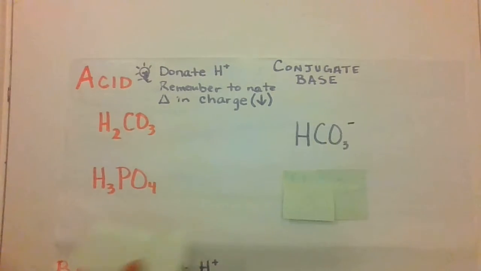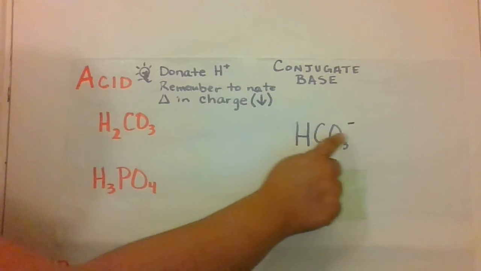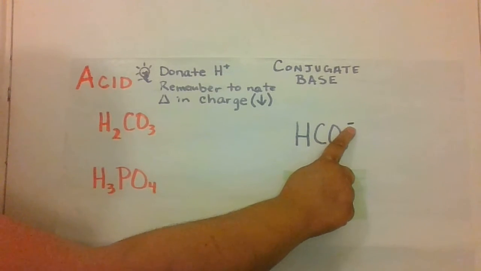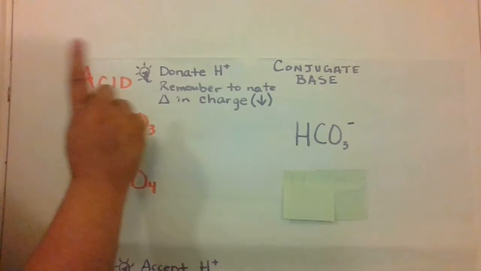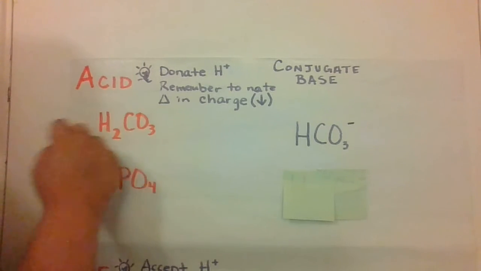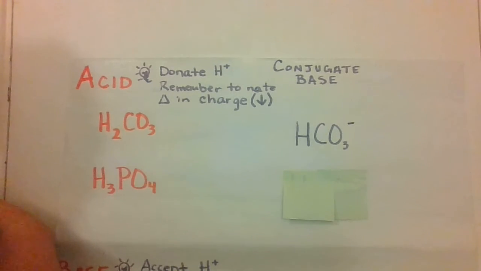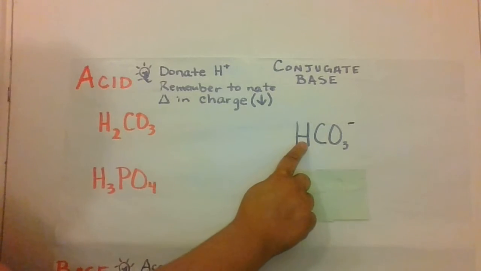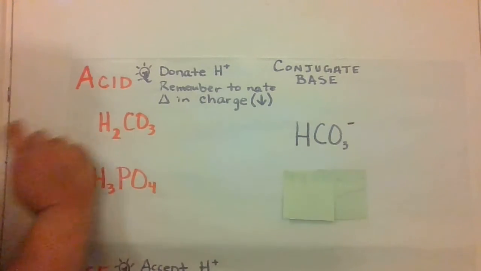To change H2CO3 to a conjugate base, we lose a hydrogen and we decrease our charge. Hydrogen would have one electron, so it has actually left as well as that one proton. So now we have HCO3 with a negative charge.